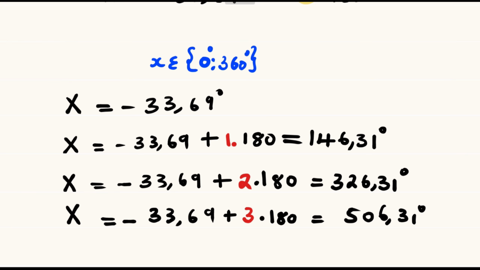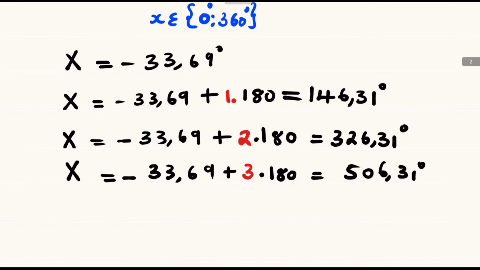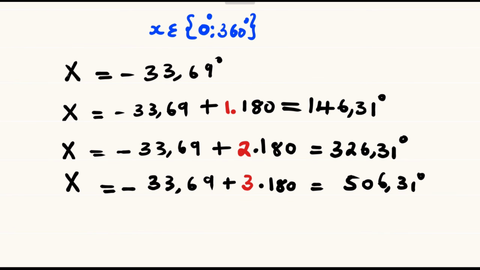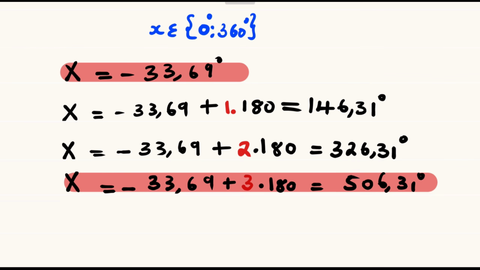So the -33.69 will be cancelled. So we cancel that, and we also cancel the 506.31 because it's above 360. So our x will be the 146 and the 326.31 because they are between 0 and 360.